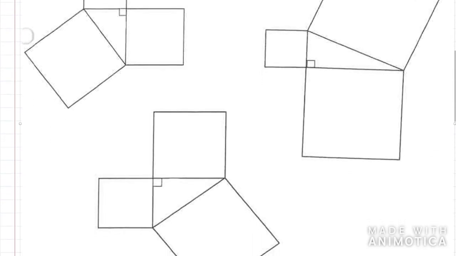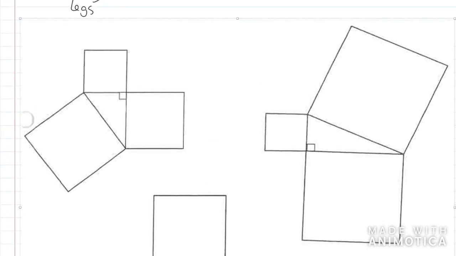Usually the hypotenuse, the side across from the 90-degree angle, we call C, and the legs are called A and B. We want to look at the area of the squares. So this square would be C squared, this would be A squared, and this would be B squared.